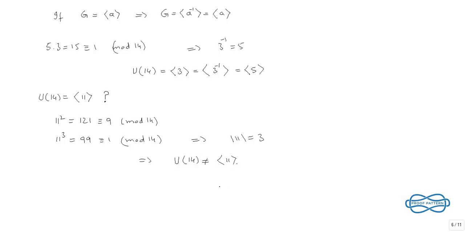Now we move to the next part of the question, which is about the unitary group under multiplication modulo 20. We know that it consists of the positive integers x such that x is greater than or equal to 1 but strictly less than 20, and the GCD of x and 20 is 1.